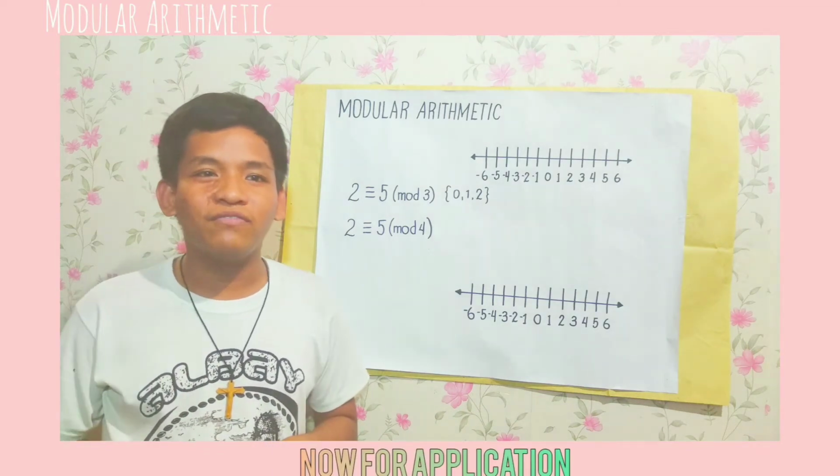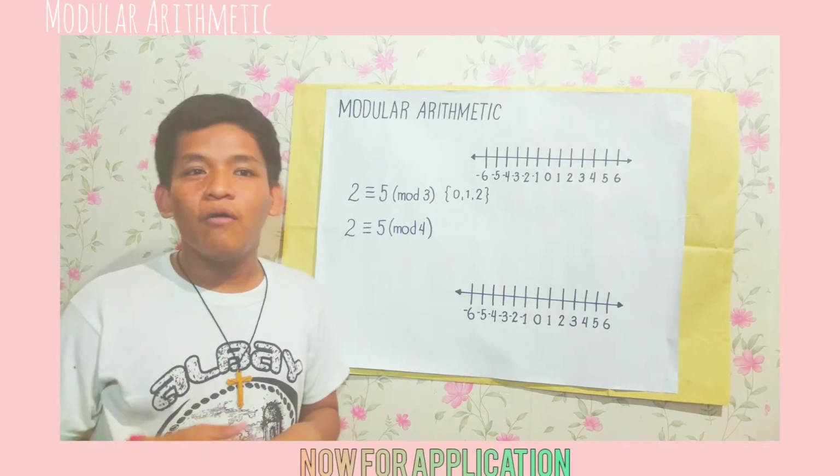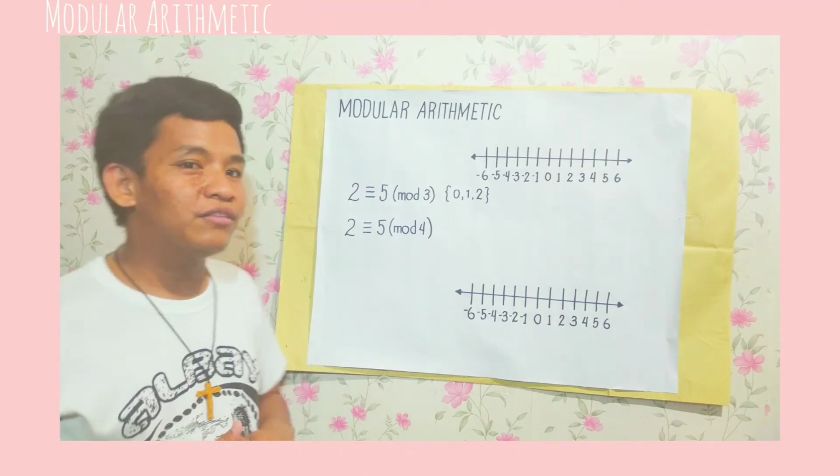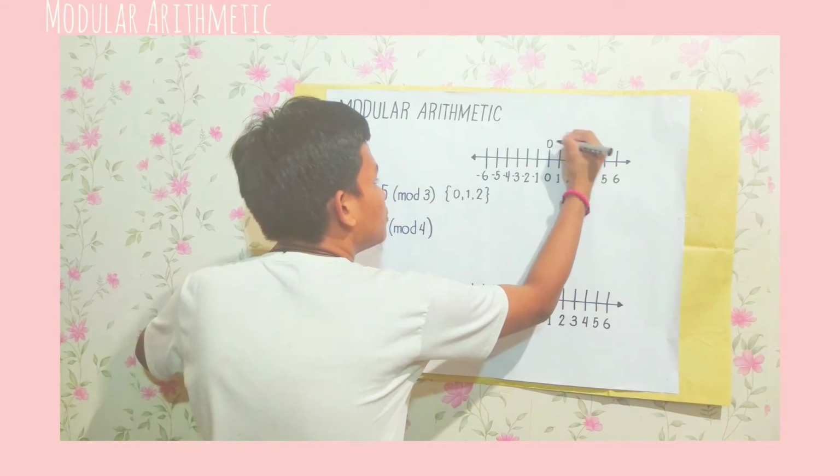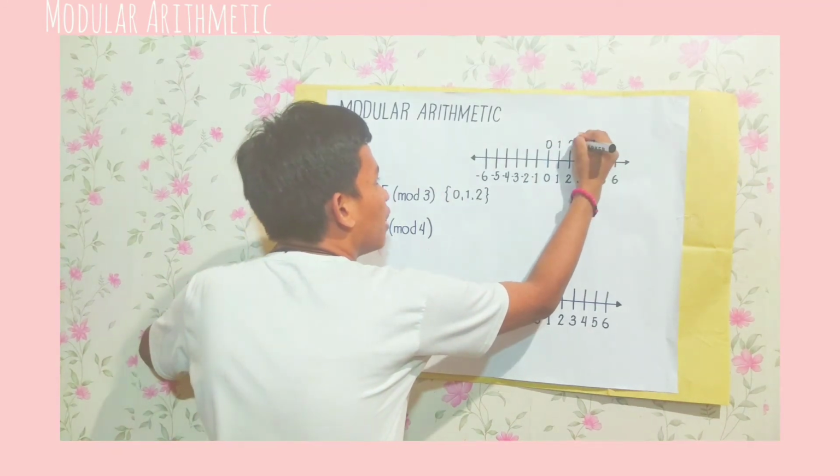How do we apply these values to our number line here? We will start at 0 and find the mod.